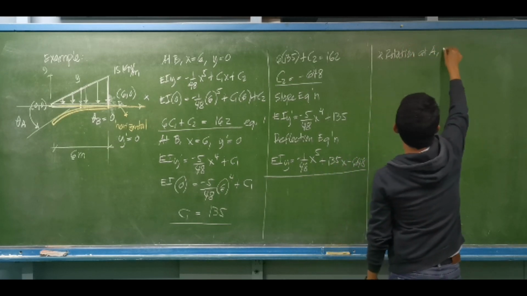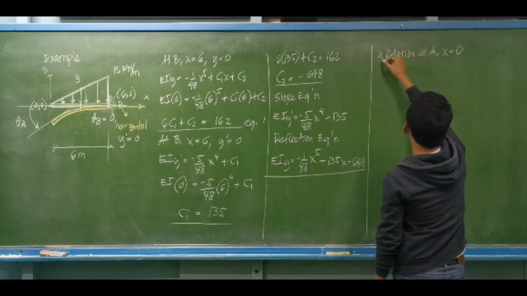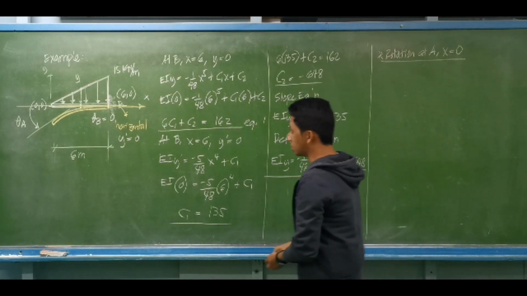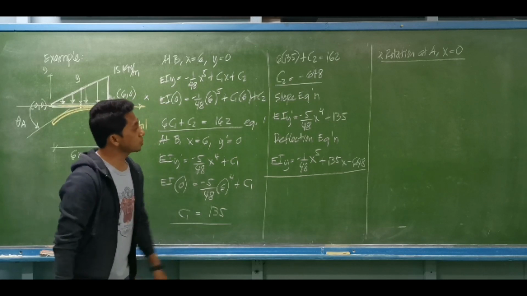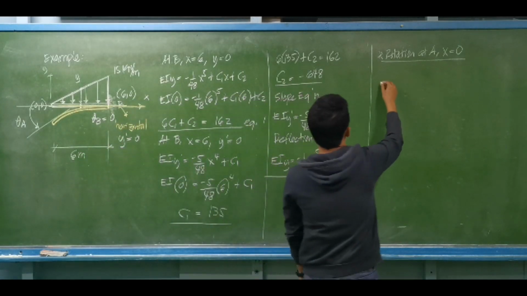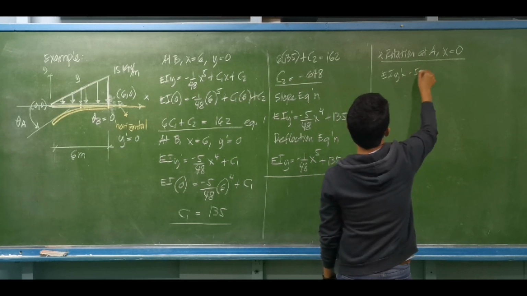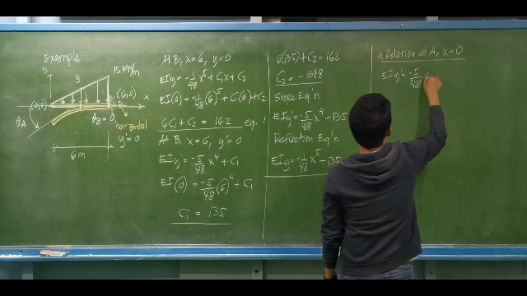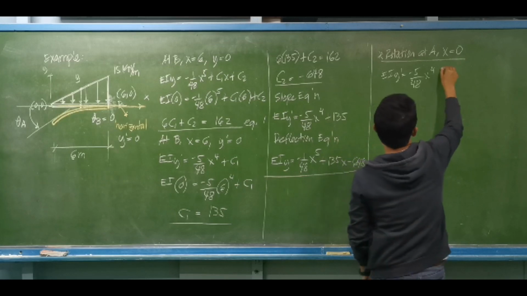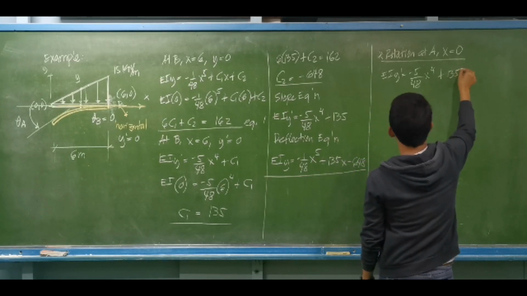So computing for the rotation at A, that is obviously at x is equal to 0. So we have the slope equation. We have EI y prime is equal to negative 5 over 48 of x raised to 4 plus 135.